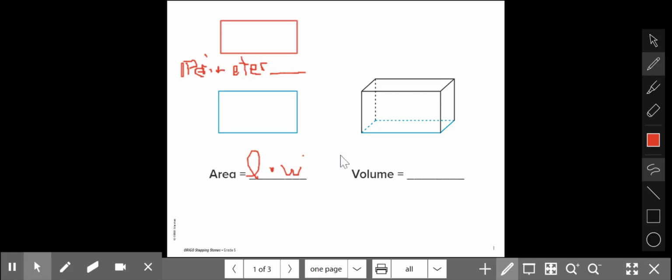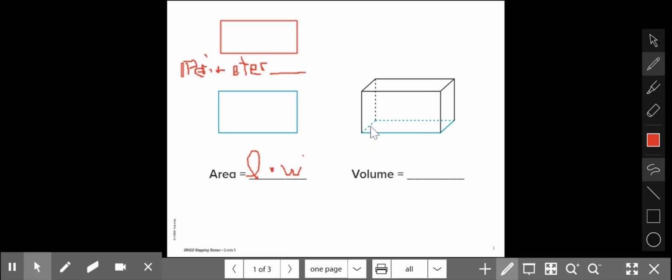We don't think of it in terms of length times width times height, but it's how much of something we can put in there. So if we have a storage container and we want to know what the area is, we'll talk about just the size of the floor, to think about that floor space. Volume is if we're going to be packing that storage container up, we have to think of length times width times height.